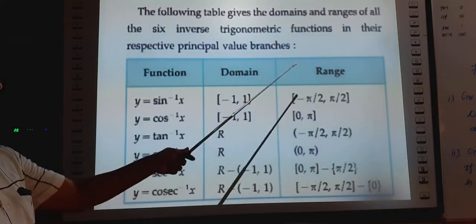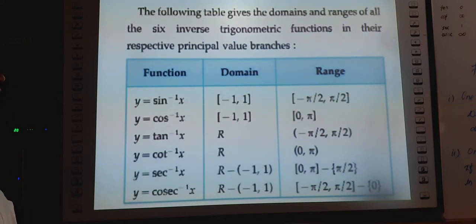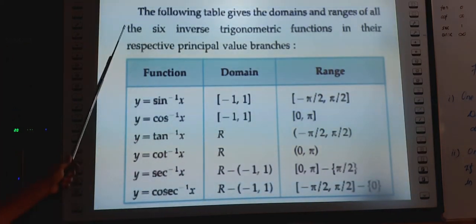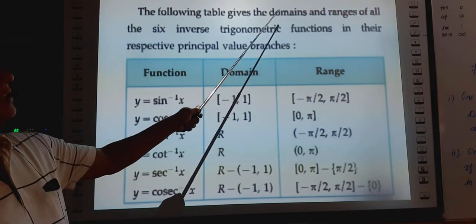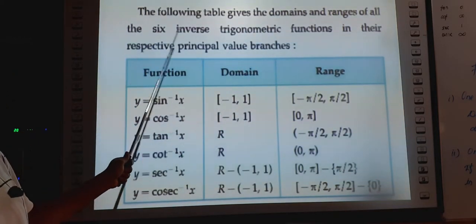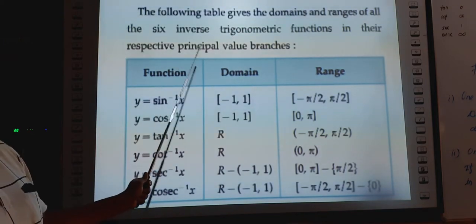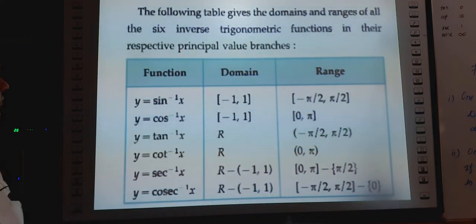In this table, we are given the range, that is the principal branch values. The following table gives the domains and ranges of the 6 inverse trigonometric functions in their respective principal value branches.